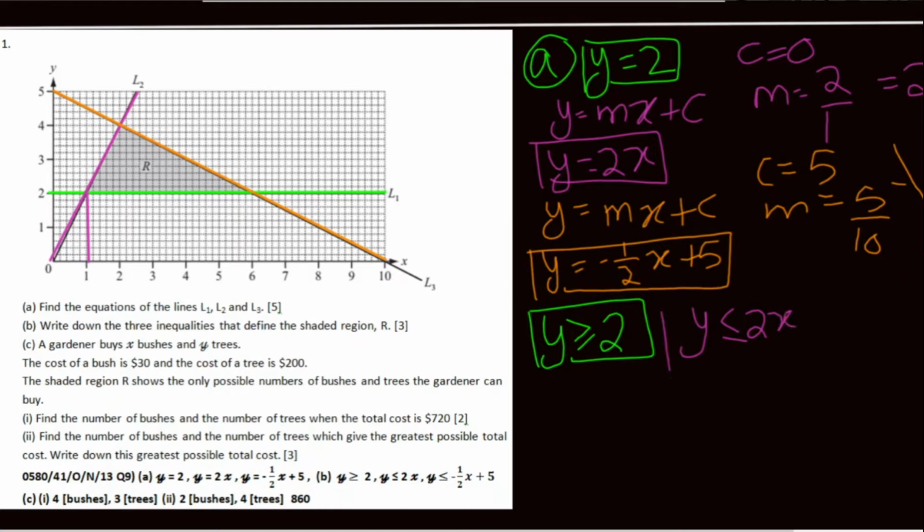Since it's a solid line and not a dotted line, I'm including the equals to sign underneath the inequality sign. And for the orange line, the required region is again below it, so it's going to be less than again: y is less than or equal to minus half x plus 5.